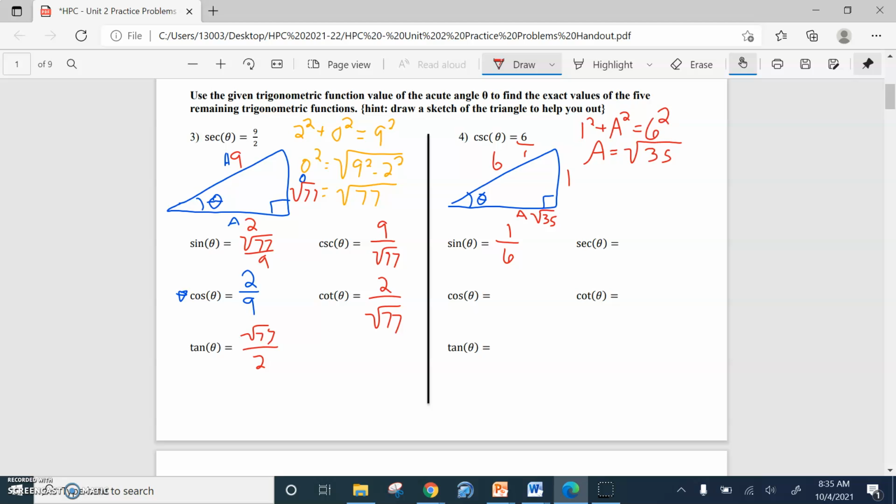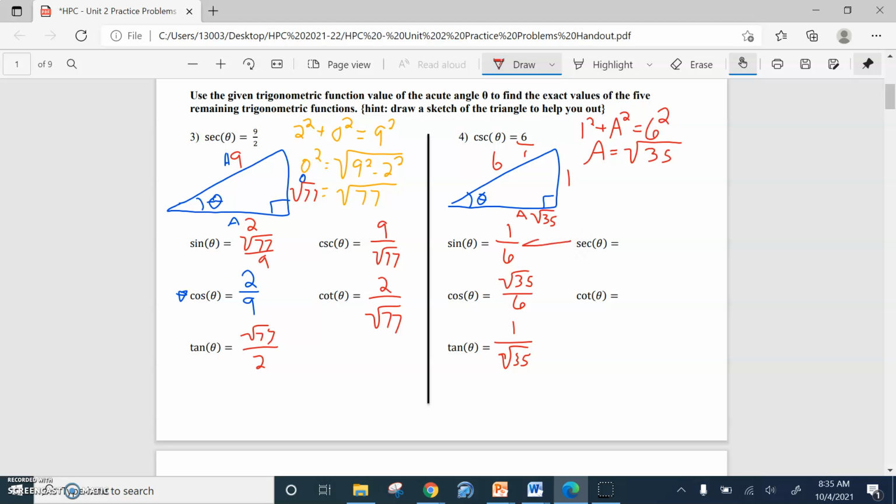We're going to blow through these. Cosine, tangent. Cosine is adjacent, so that's square root 35 over 6. Tangent is opposite over adjacent, 1 over the square root of 35. Double checking, sine is 1 over 6. Okay. Secant. Secant does not go with sine over here.